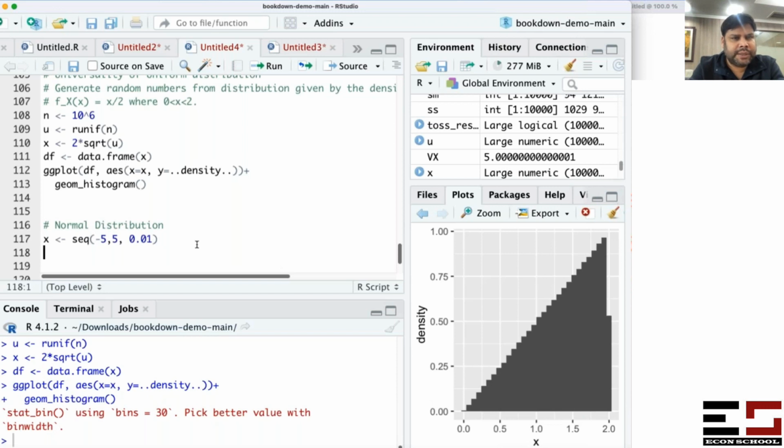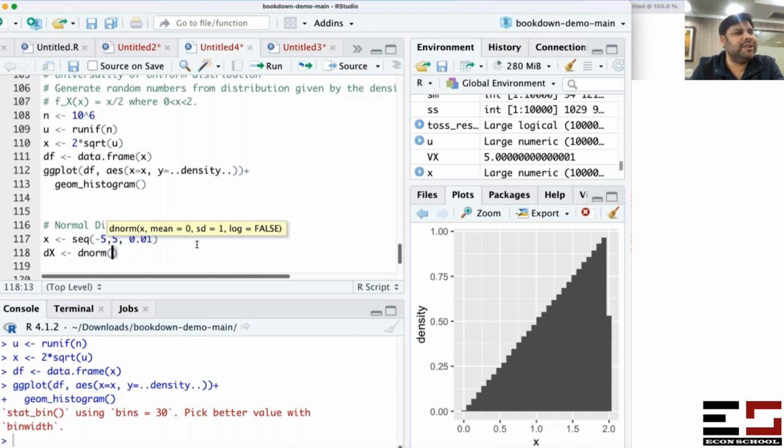And you can use dnorm for the PDF. The same thing, just put d in front. So dnorm for the PDF. So let's say dx is dnorm.